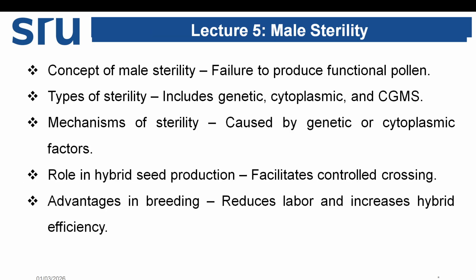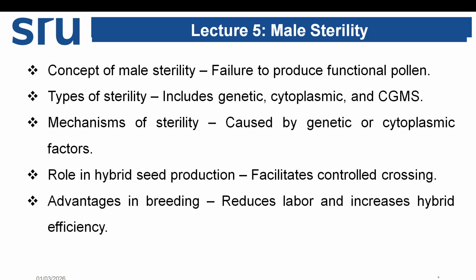From modes of reproduction, we'll move towards our next, most important lecture, male sterility. In this, first we'll see what exactly male sterility is, that is failure to produce functional pollen. Then next we'll see the different types of male sterility.